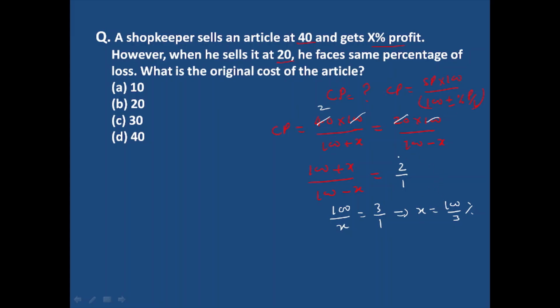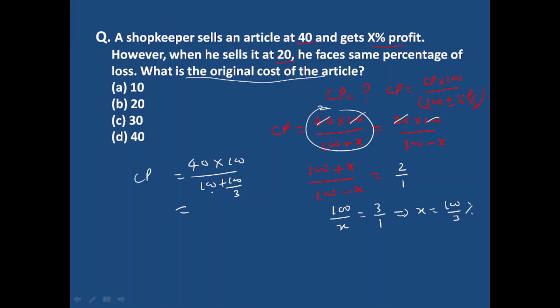Now we have to find out the original cost of the article. We can put this value of X in any of these, and we get our answer. So 40 into 100 divided by 100 plus 100 divided by 3 is the CP.